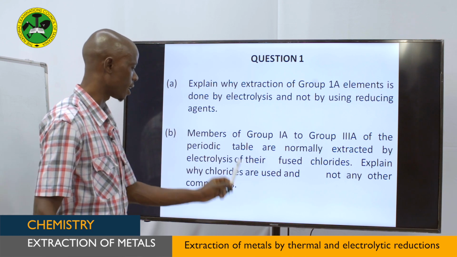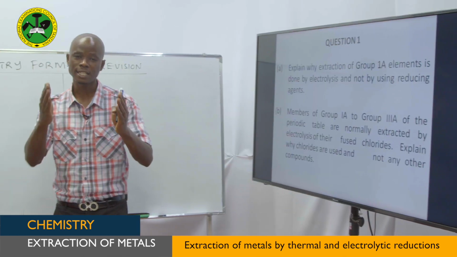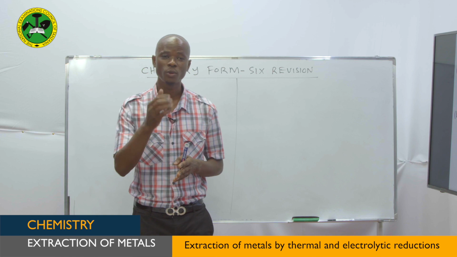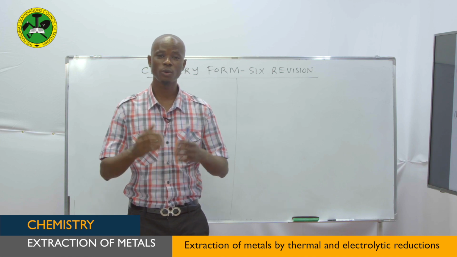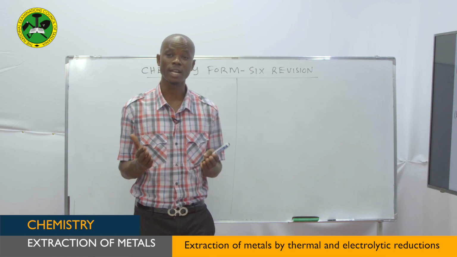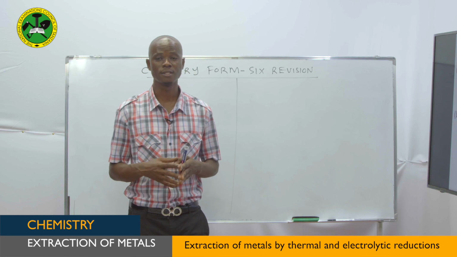Explain why chlorides are used and not any other compounds. That is also another good question. It's very important for you to understand. If you meet with that question, what are you going to do? How are you going to answer that question? It is very simple. Now, why chlorides?